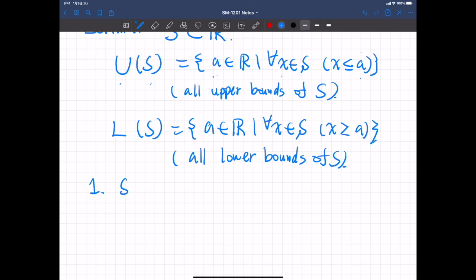S is bounded above if and only if this U of S is not empty.